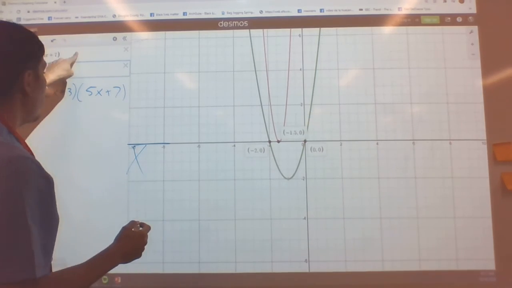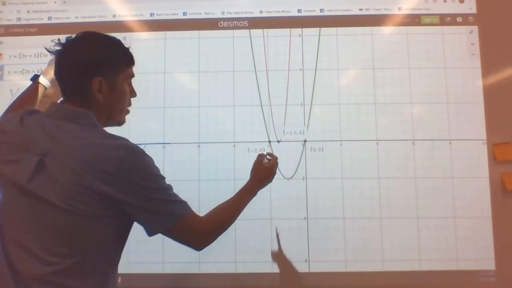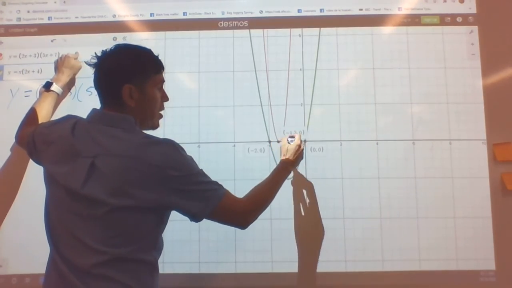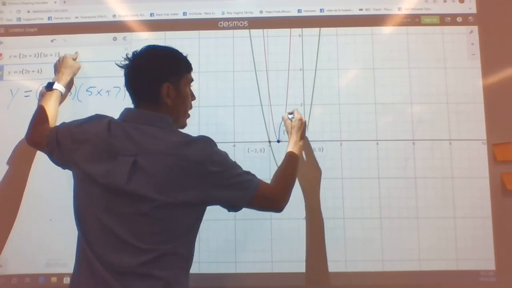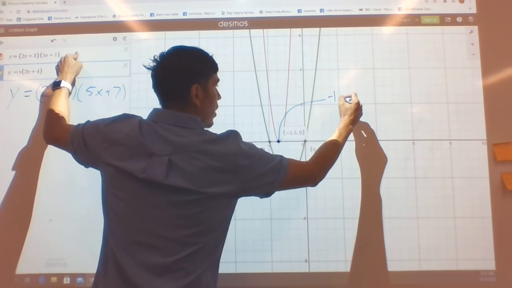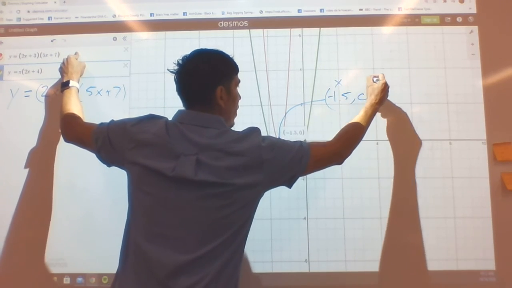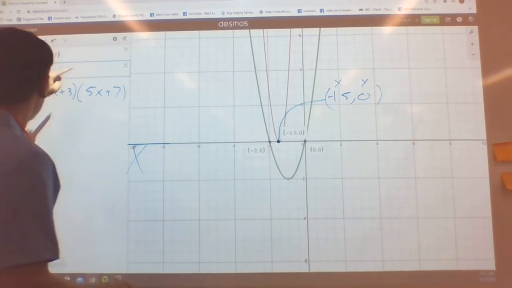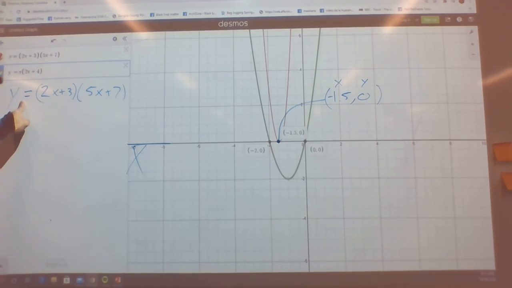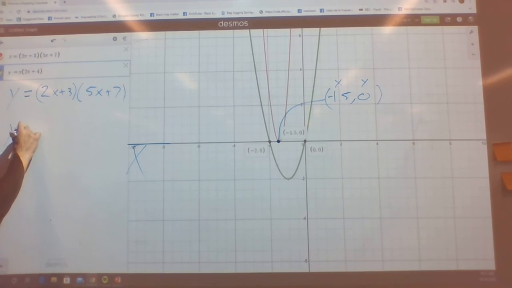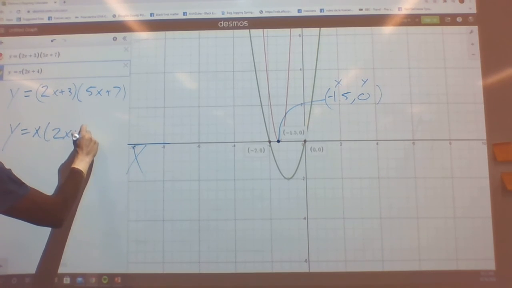For the first one, in red, we said that we had both x values equal to -1.5. And here it is. If you can't see, I'm going to zoom out. It says -1.5 and 0. That's my point. My y value is 0. My blue one was the second one I did. And that one, again, I entered it as y equals x times 2x plus 4.